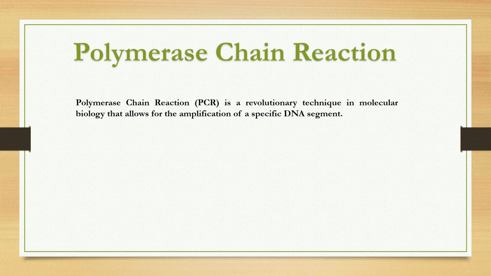Okay, so polymerase chain reaction is the kind of process in which, using these primers, the DNA polymerase can amplify a specific DNA segment multiple times, leading to a million or billion copies of that specific DNA segment. So basically, it is the amplification of the DNA segment of interest.